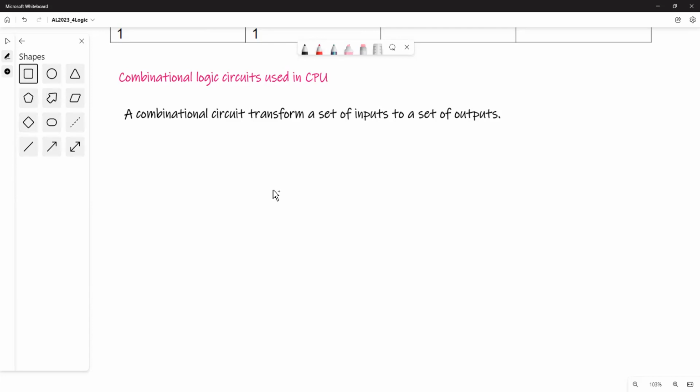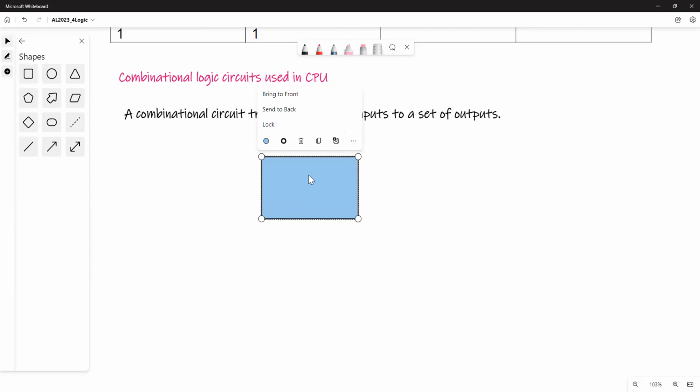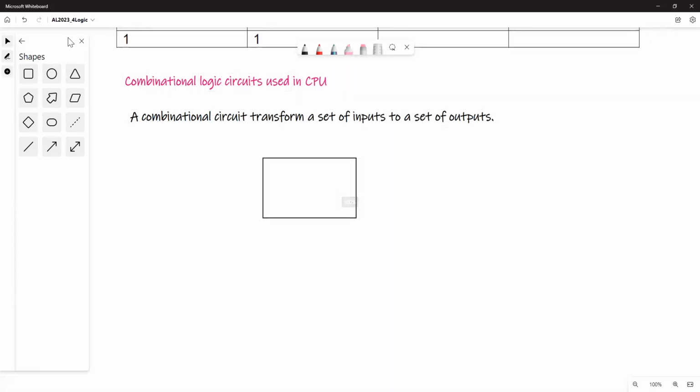let's say we want to have a combinational circuit. Right. So what we have here is combinational circuits.